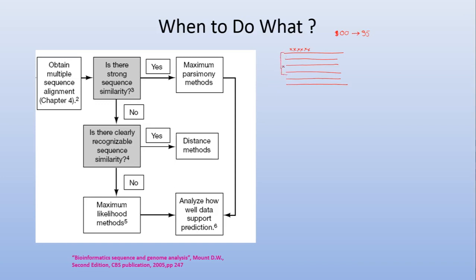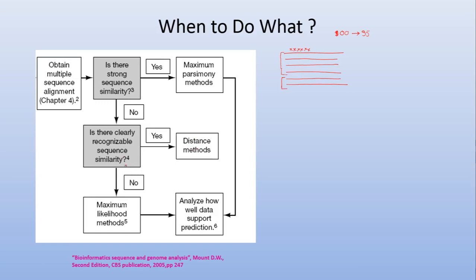For example, 5 sequences out of 7 in my multiple sequence alignment are highly similar, while the other 2 sequences are dissimilar. If that is the case, then you are advised to use the distance based method. If some of the sequences are similar while some are dissimilar, you are supposed to use this distance method.